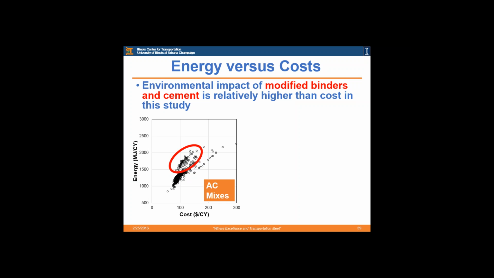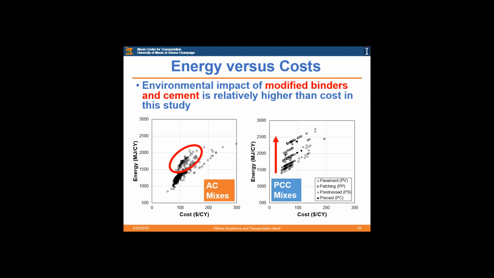So what this tells us is we expect energy and cost to be pretty linear in relationship, because energy is often a factor of the fuel, which costs money. But if something is away from that pattern, it tells us that, for example, here, the energy is relatively higher than the cost.